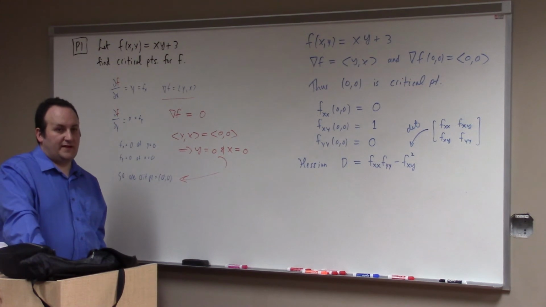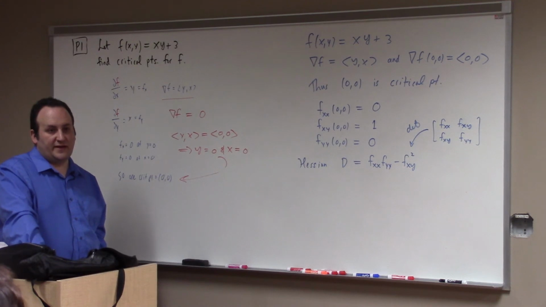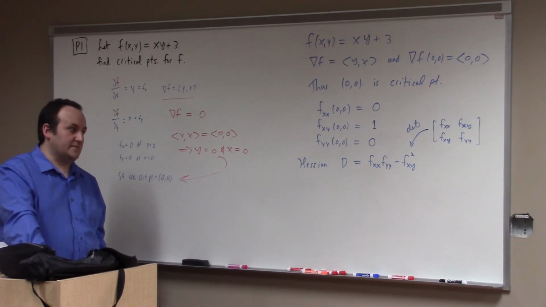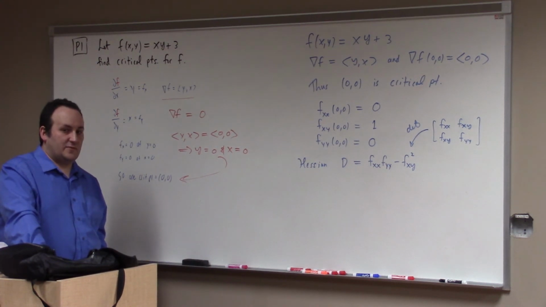If both of those eigenvalues are positive, it's a local min. If both of the eigenvalues are negative, it's a local max. If one eigenvalue is positive and one is negative, it's a saddle. Correspondingly, if D is less than 0, that would be the product of the eigenvalues being negative. That means it's neither a local max nor min.